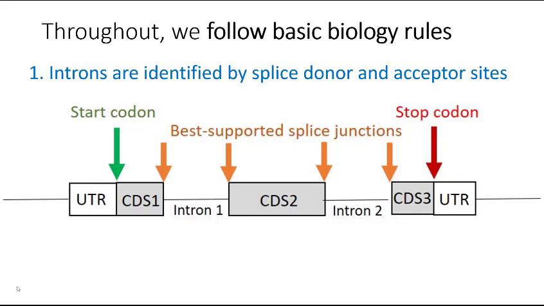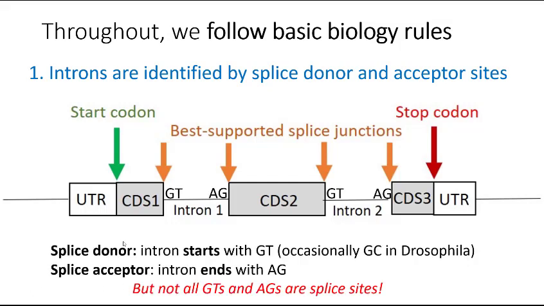The last thing I'd like to discuss in this video is the very important basic biology rules that we need to pay attention to. So the first thing is that introns are defined by splice donor and splice acceptor sites. And so when we look at these particular sequences shown with these orange arrows in this 3 exon gene, we would always look for a particular sequence at the start of an intron.